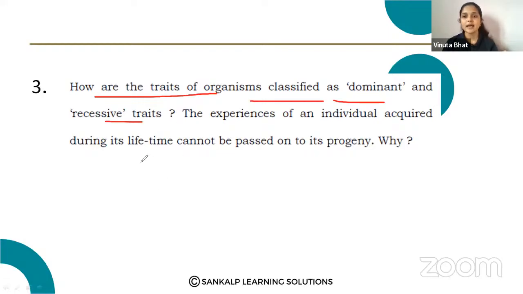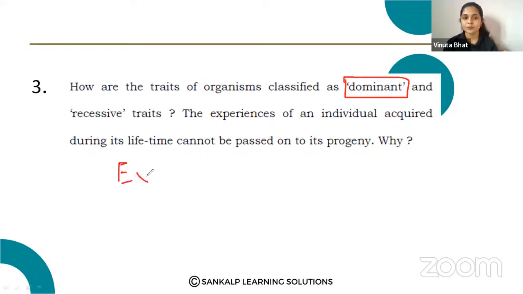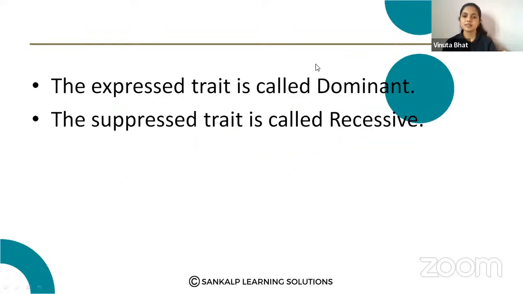If you write the simple definition, the character which is expressed is called the dominant character. In the presence of one more type of allele, the character which is expressed is called dominant, and the one which is not expressed, which is suppressed, is called a recessive trait.